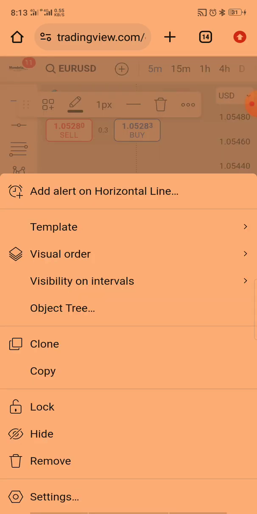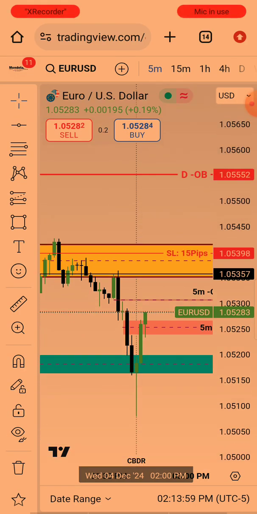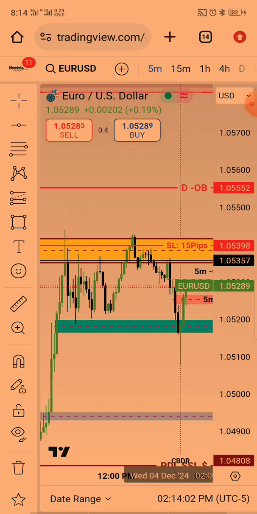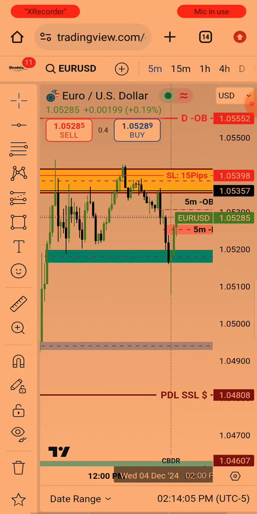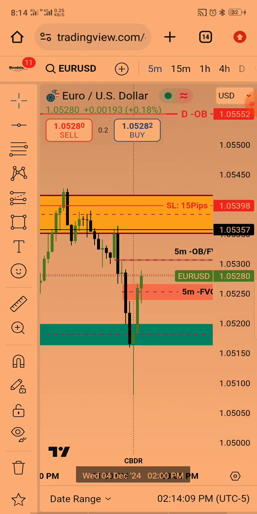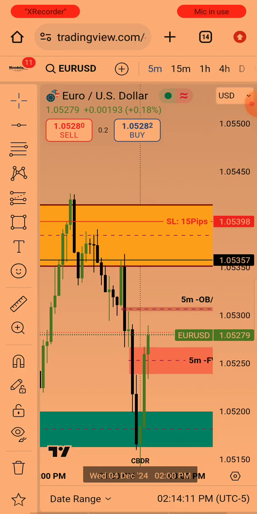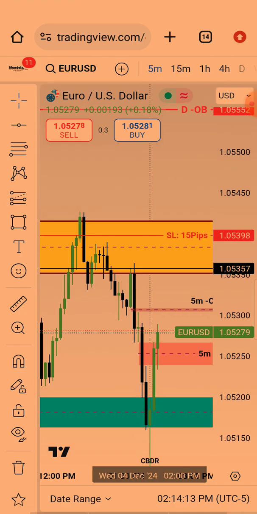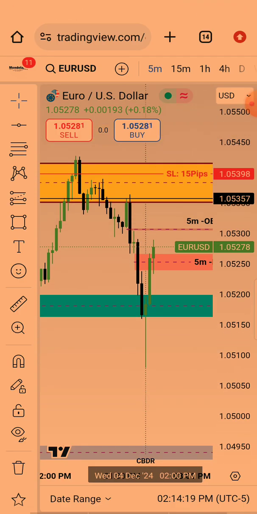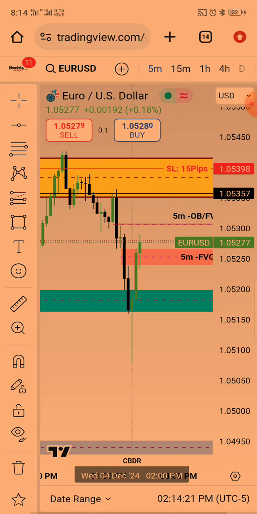Because if this trade is to go down for me according to all my analysis, it doesn't need to violate this 5 minute order block right here. You need to respect it and come down to take this low. It must run down from where it is right now to this level.